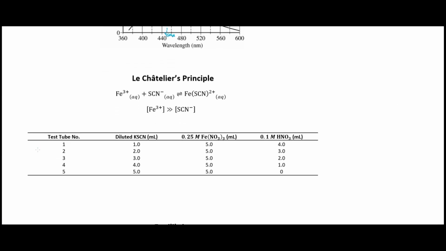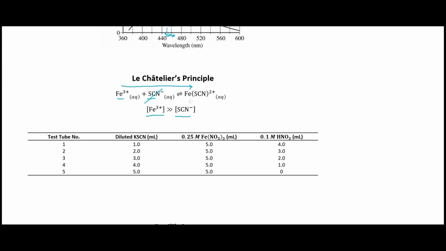And so in this, we are looking at our iron 3 plus and our thiocyanate here. And so what we will be doing is having the concentration of the iron 3 plus be much greater than the concentration of the thiocyanate. And so what that will do is it'll essentially push all of this to this side so that we end up removing all of that.